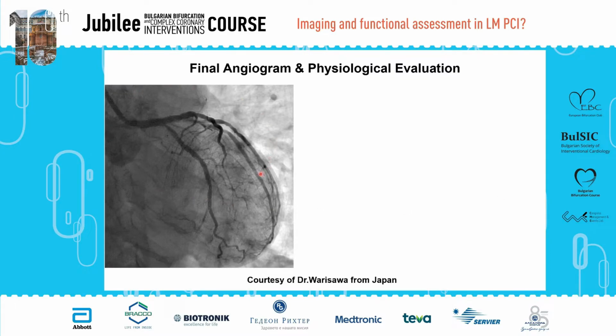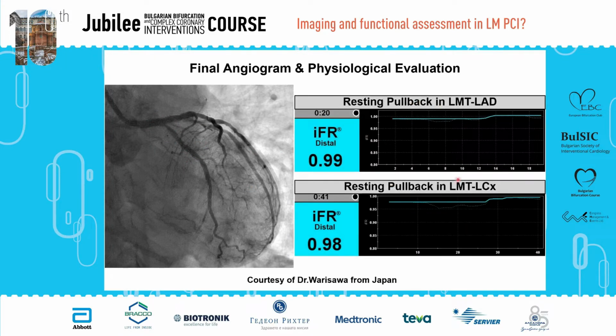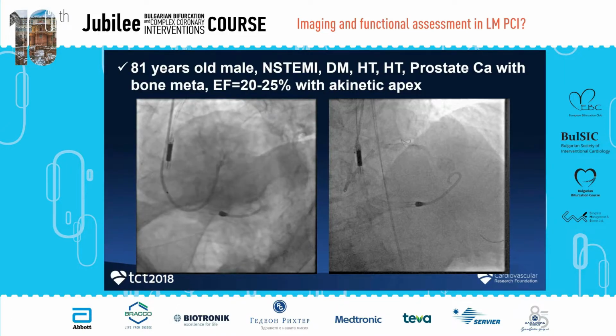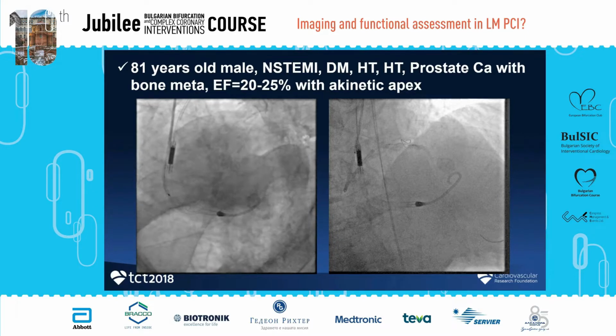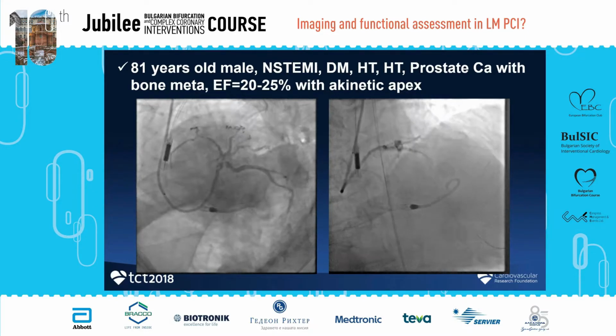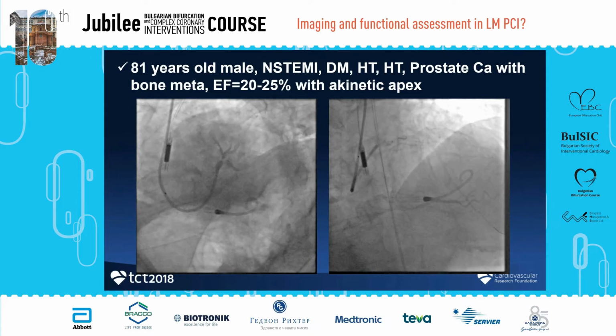And this is how the angio looks, and you feel something stenotic in the circumflex ostium, and he performed the iFR pullback, and you see no step up, especially in the circumflex ostium, and both have very good iFR.